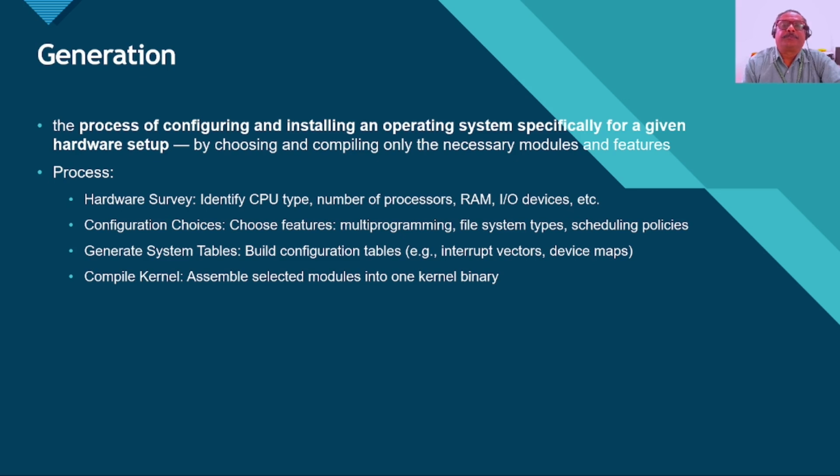That way, for all possible situations, like what type of RAM we have, what I/O devices we have, for everything there will be a module, and only the corresponding modules are selected, and then all these are dumped together, and one kernel library or one kernel binary is created, and finally it's installed.